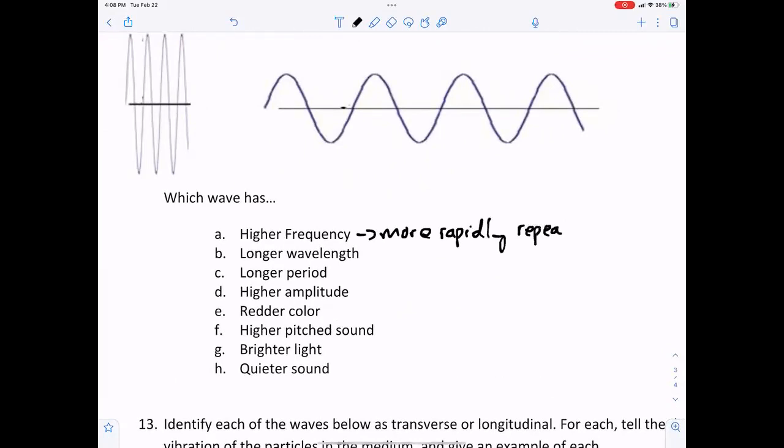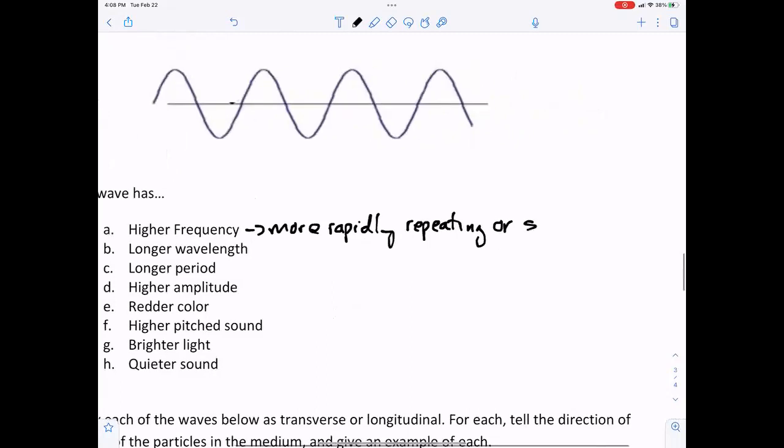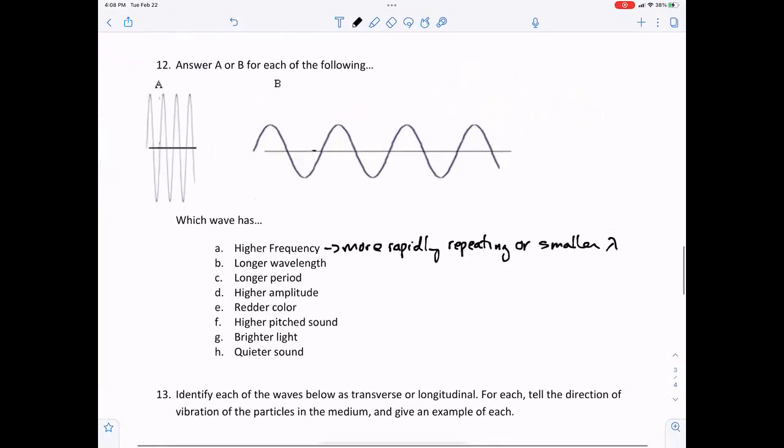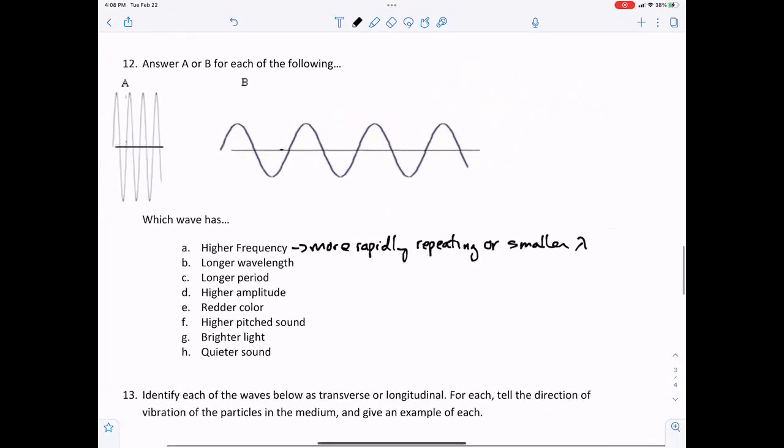That's one way to look at it. Or we could say smaller wavelength, right? A higher frequency goes with a smaller wavelength. They're inverses of each other. Okay, which one has a smaller wavelength? Well, that would be A. Right, wave A has smaller. Which one has the longer wavelength? Well, that would be the one with the lower frequency. That'd be B.